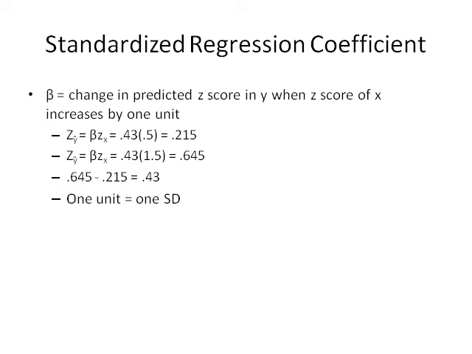Please note that the difference between the two predicted z-scores equals 0.43, or the value of beta. It is critical to remember that a change of one z-score on x is actually a change of one standard deviation in the raw score of x.